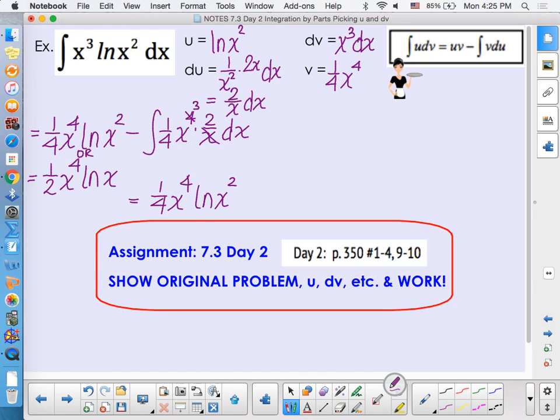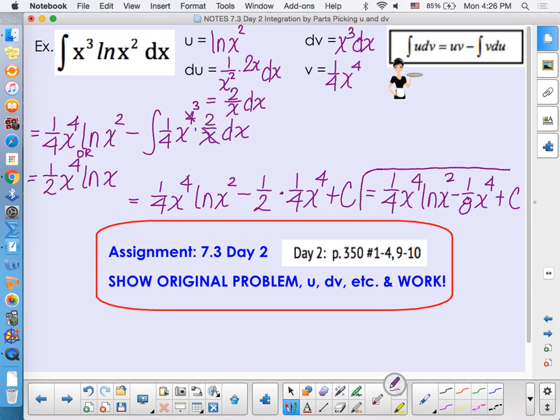You're going to have a 1/2 as your coefficient that can come out front. And I have an x cubed sitting in there, and the antiderivative of x cubed is 1/4 x to the 4th plus a constant. So cleaning that up and make sure you are simplifying these. Then we're going to subtract 1/8 x to the 4th and add that constant so that we have the general solution.